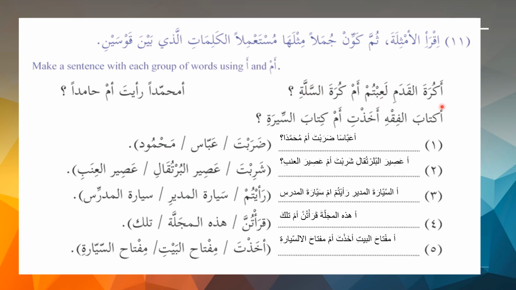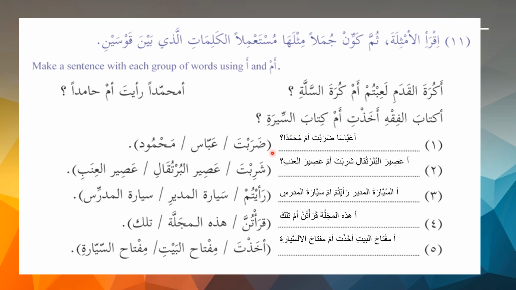So you need to make a question with the questioning tool, using أم. محمدا رأيت أم حامدا means did you see Muhammad or Hamid. كتاب الفقه أخذت أم كتاب السيرة means did you take the fiqh book or the Sira book.